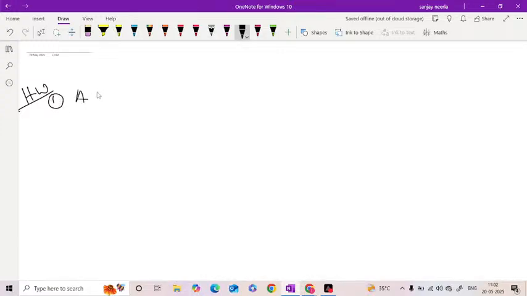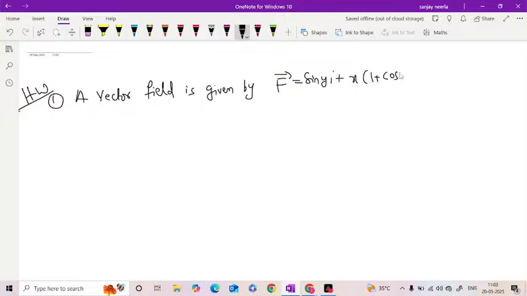A vector field is given by F is equal to sin y i plus x into 1 plus cos y into j.